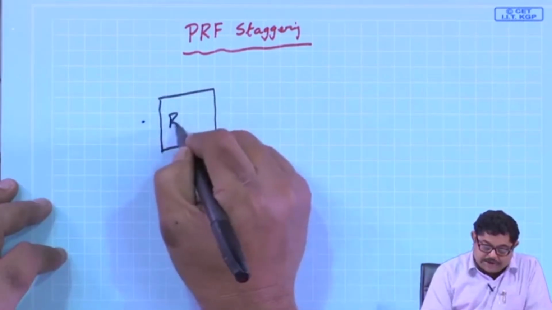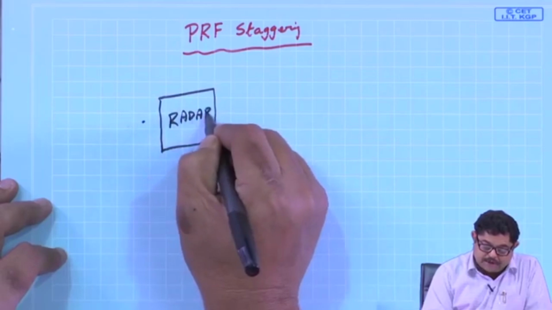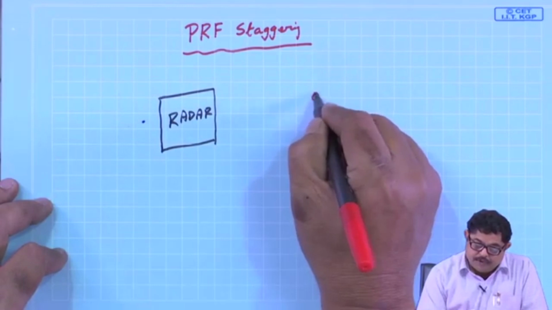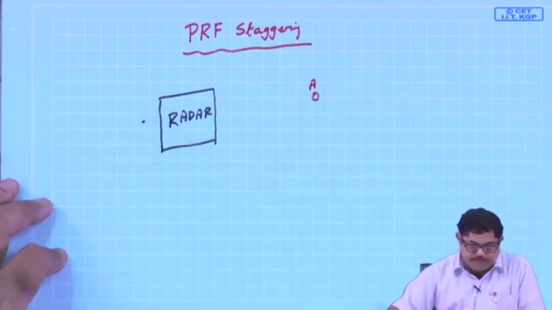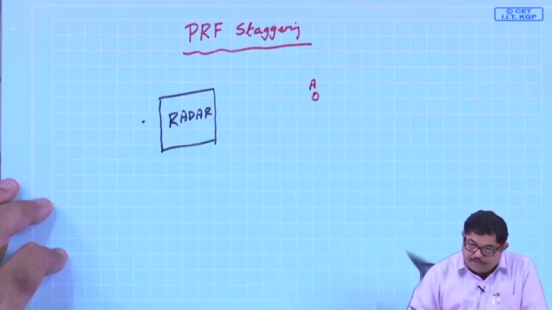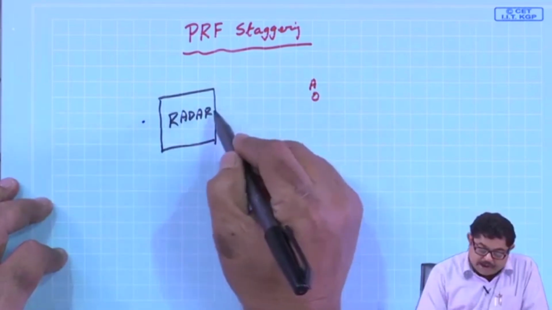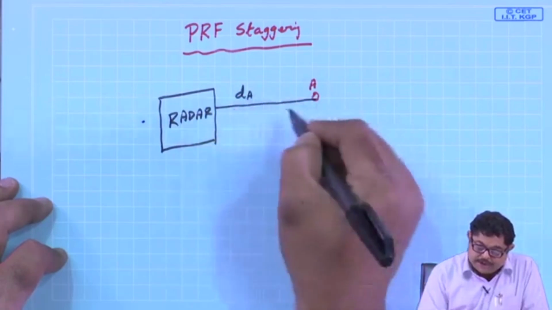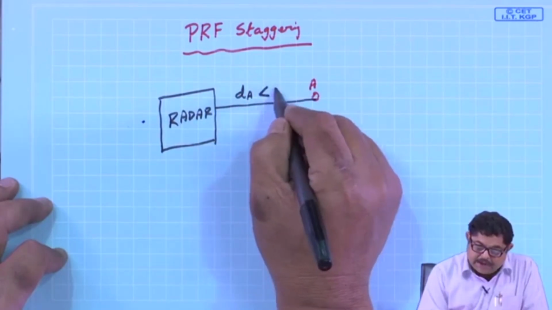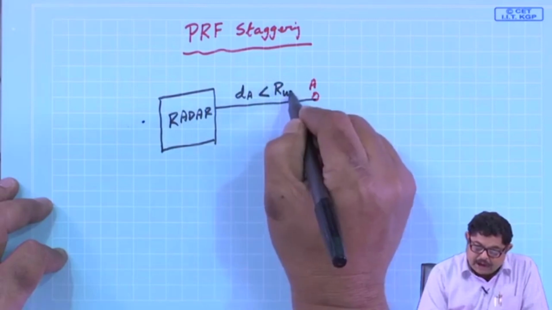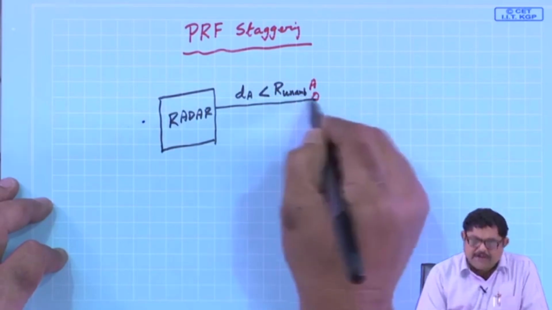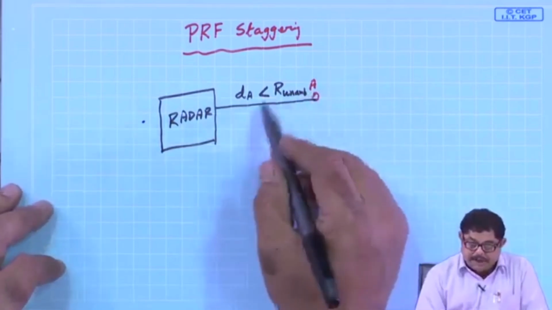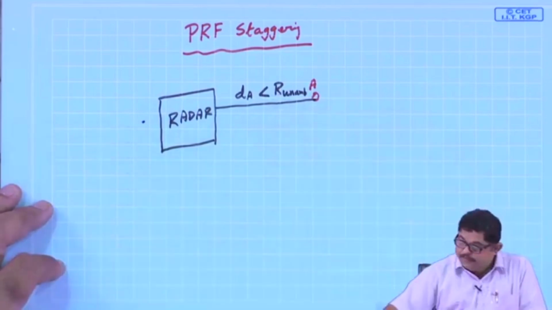So, let us say that this is my radar and I have 3 objects. One I am calling A, at a distance d A from the radar. I am deliberately choosing it so that d A is less than the maximum unambiguous range.